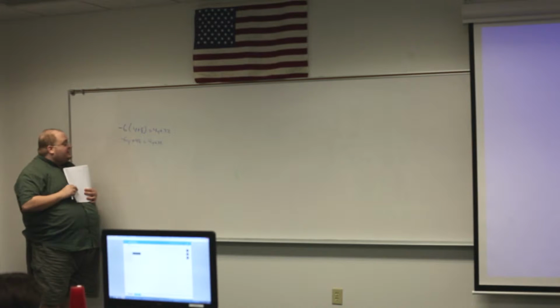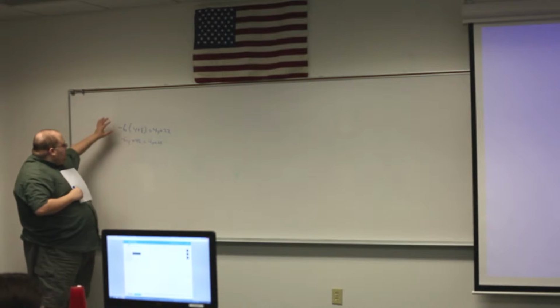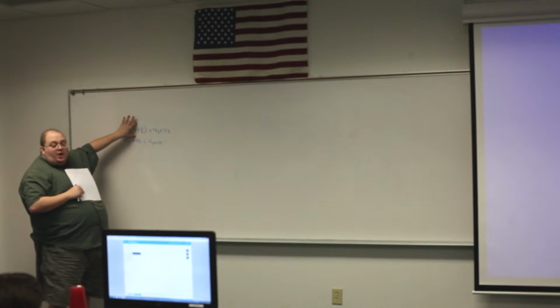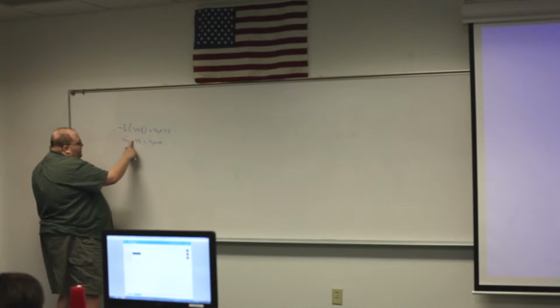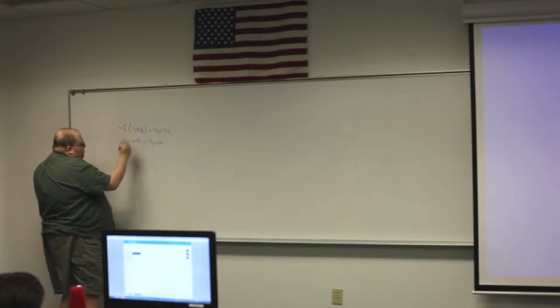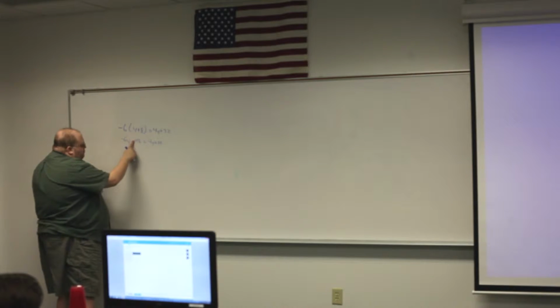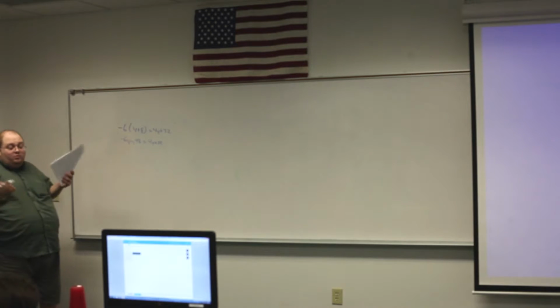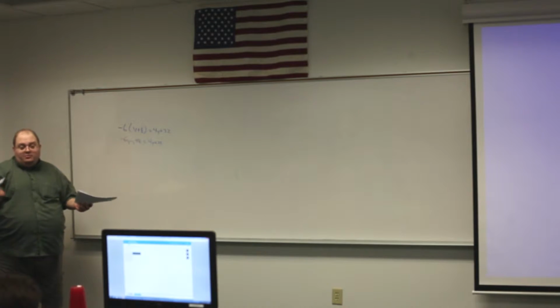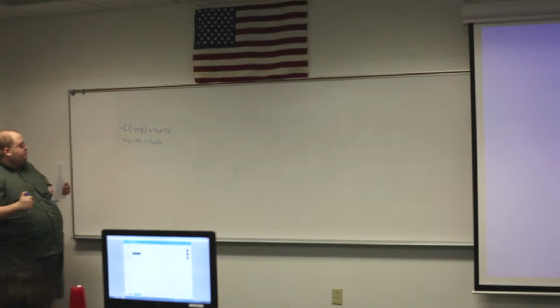Right. What I saw a lot of people doing was they did distribute the negative 6 to the y, but they did not propagate it over to the 8. So this should definitely be a negative 48, sorry. So now we want to get our variables on one side, numbers on the other side, same as always.